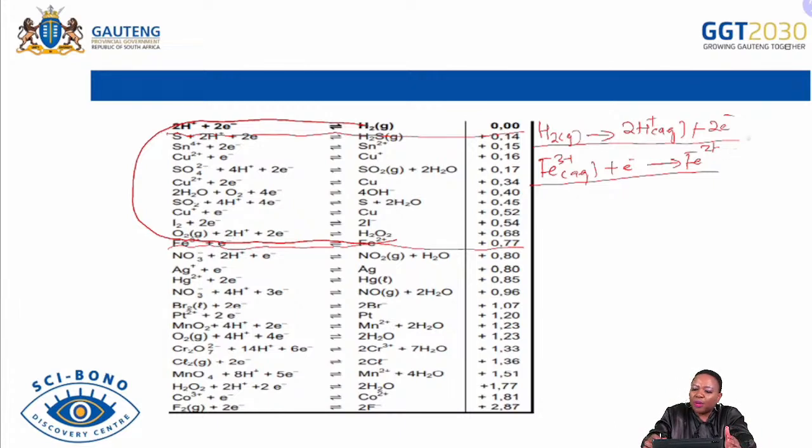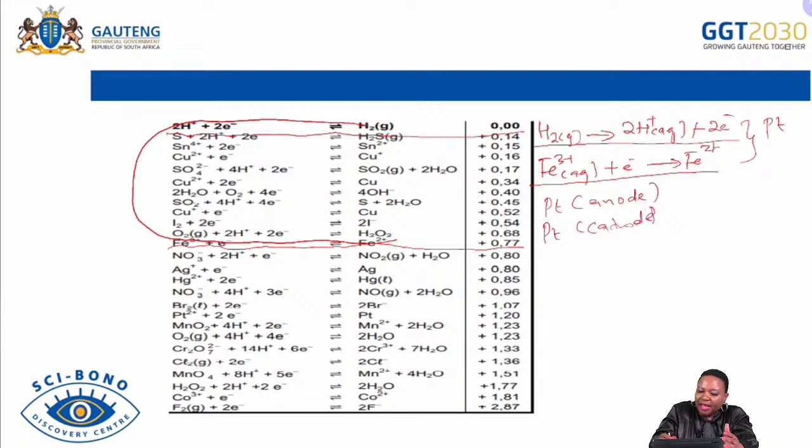So we are going to use platinum for both half cells as our electrode, meaning that our platinum will be our anode and our platinum will also be our cathode, because platinum will be able to transfer electrons from one side to the other. What is the function of the inert electrode? It is just to provide the surface for the electrons. So we are going to use platinum as our anode, and we are also going to use platinum as our cathode for this reaction.